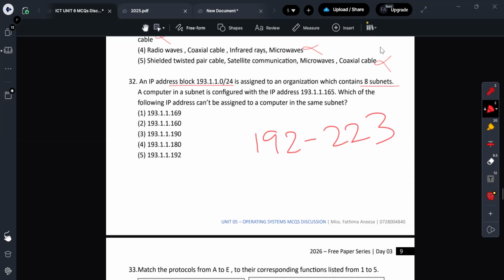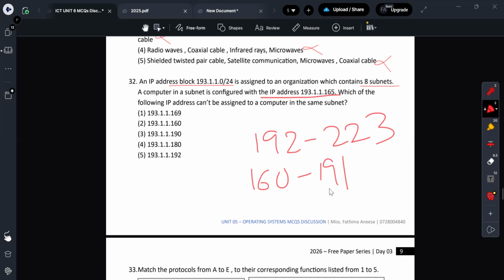I was saying the answer is 5. Yeah, the answer is correct. So which range have they given? Subnet number 6, 160 to 191. So this range they have given falls in subnet 6.